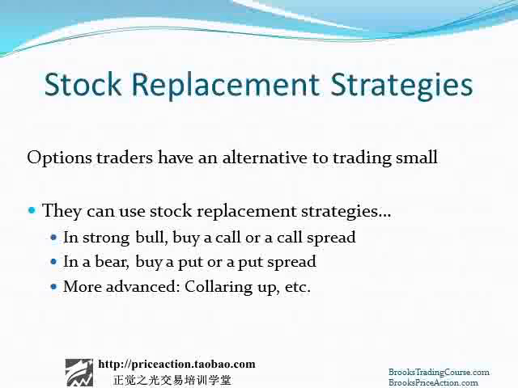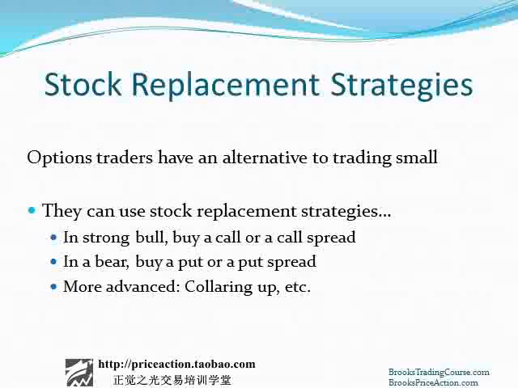What an options trader will do, or what a stock trader who also trades options will do, is he'll sell out of his stock and he'll replace his stock with an option strategy. The most obvious and easy ones are he might buy a call or a call spread.